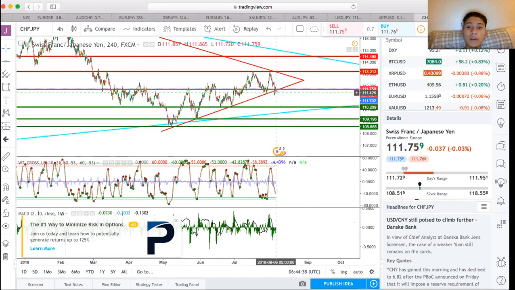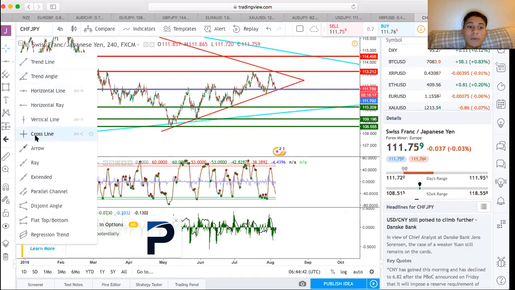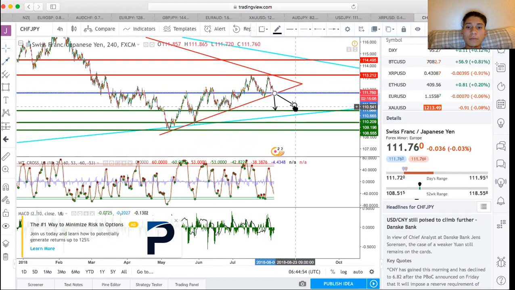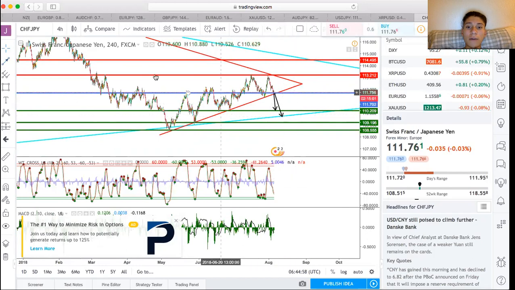You want to wait for it to break one of these two trend lines. If this breaks this trend line, we either ride it to this green line right here, or we hold it to this weekly. One of two things will happen, either that or that.